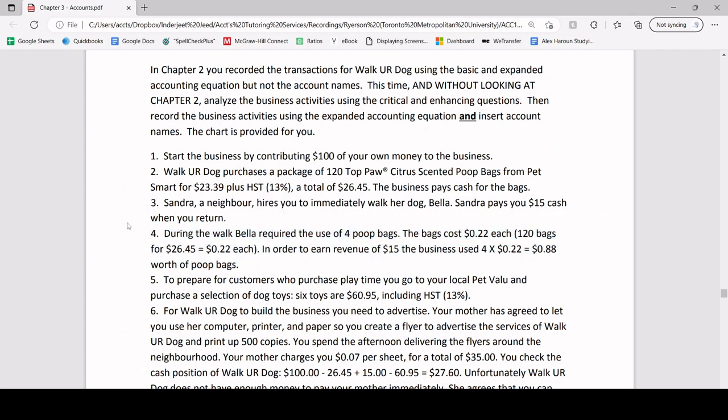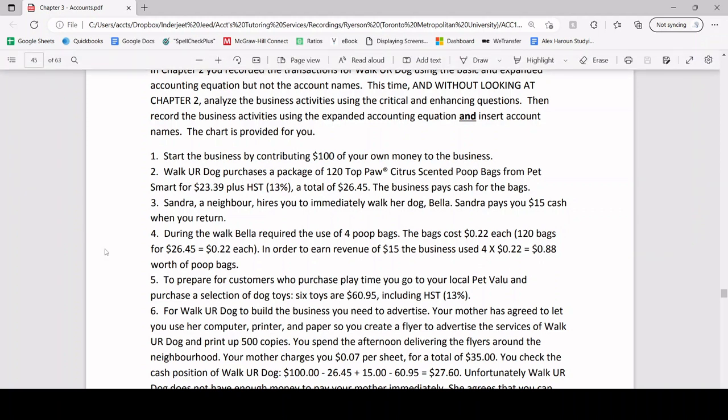Transaction number 4, during the walk, Bella required the use of 4 poop bags. The bags cost 22 cents each, so 120 bags for 26.45 is 0.22 each. So all they did in this calculation was they took the 26.45 and divided it by 120 bags to arrive at 0.22 each.